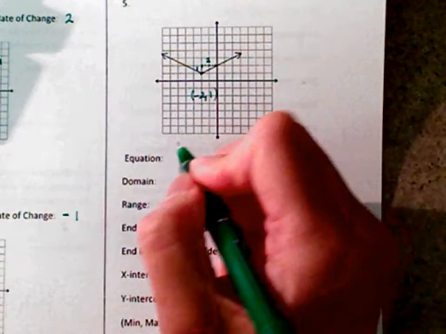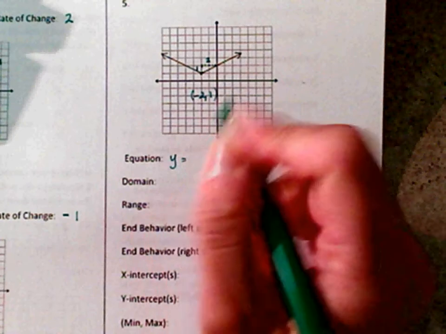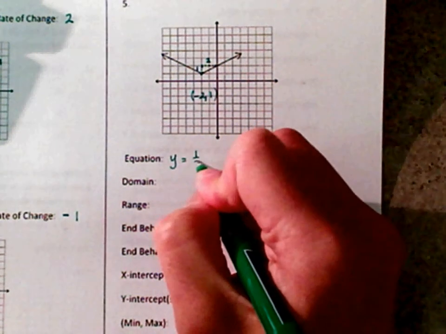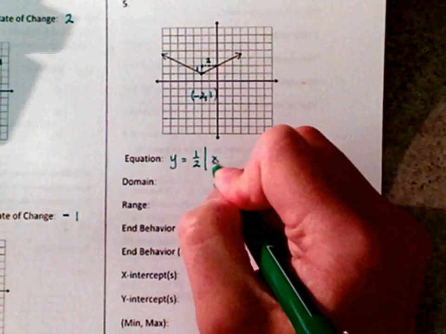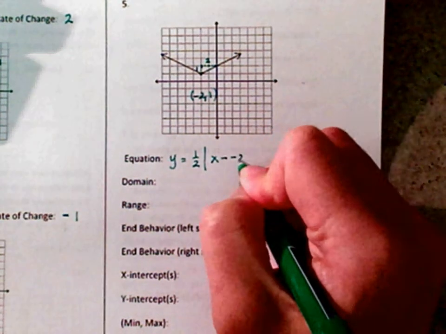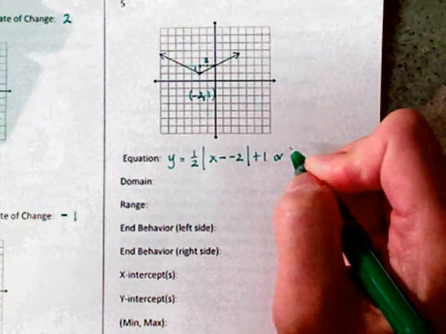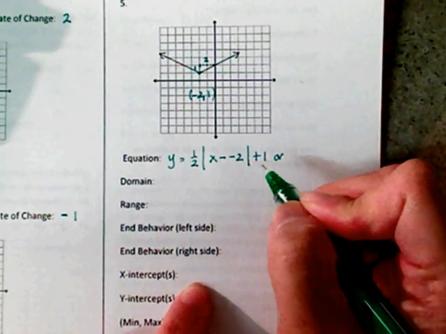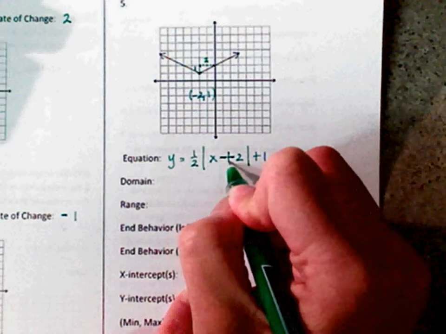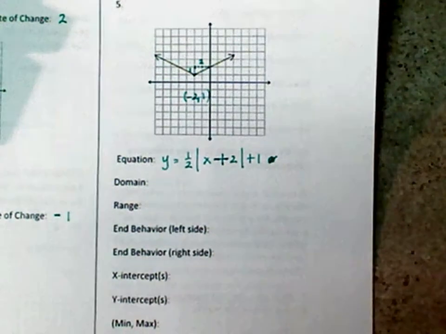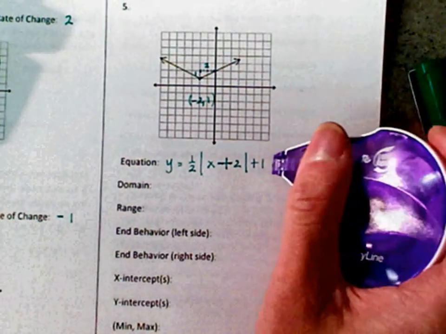So your equation will look like y equals, notice it's positive, 1 over 2, times absolute value of x minus negative 2, plus 1. So, therefore, what does a negative and a negative become? It becomes a positive. So it's x plus 2 for your x value.